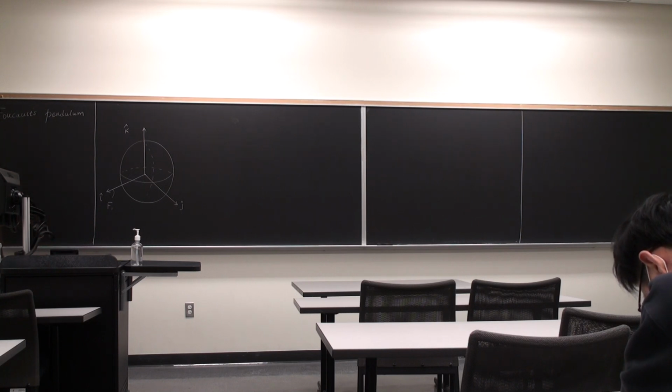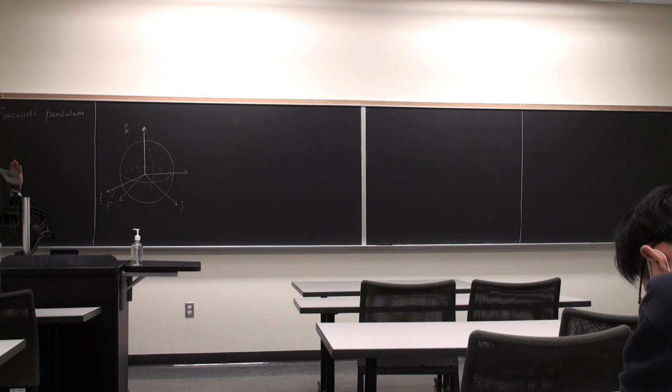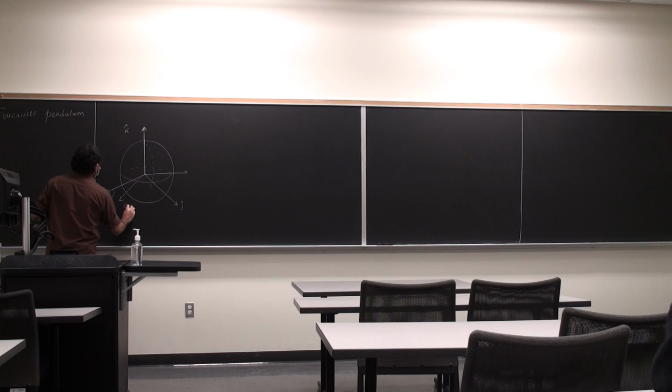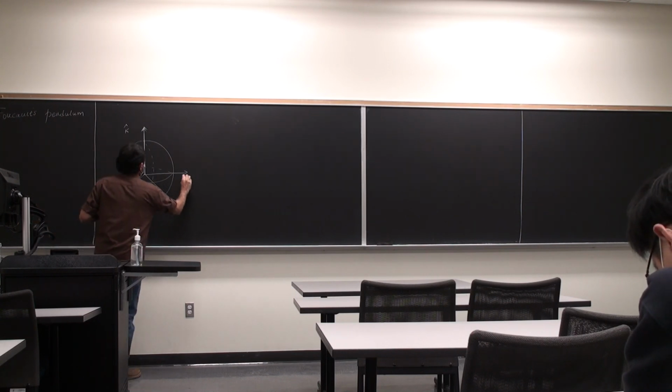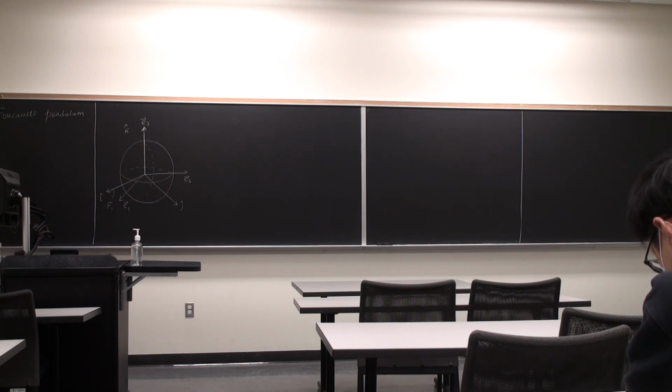Then we had the non-inertial frame which was attached to the Earth, which was rotating with the Earth, coincident with the North Pole. So this is some E1, E2, E3. The Earth is rotating about the E3 direction.